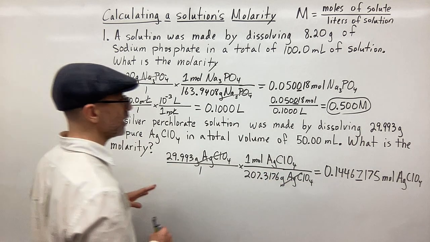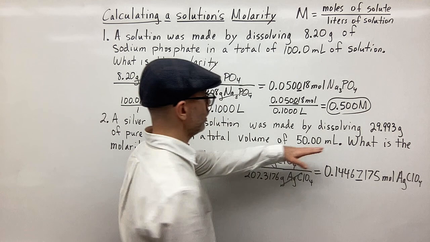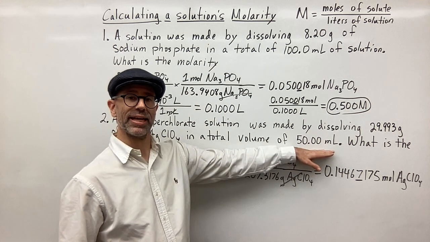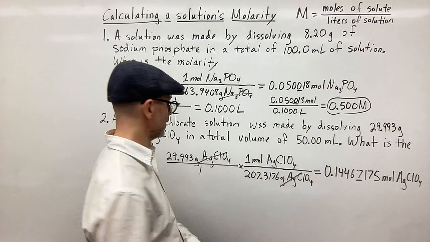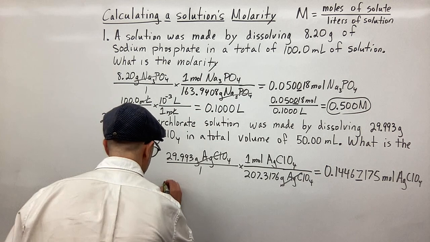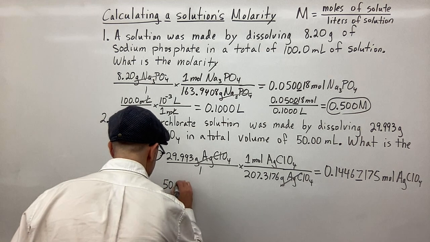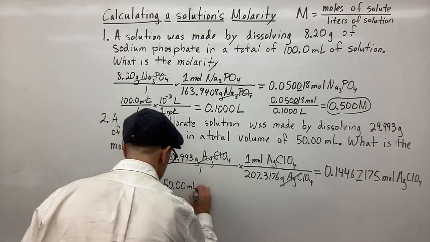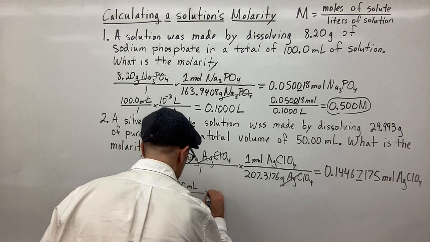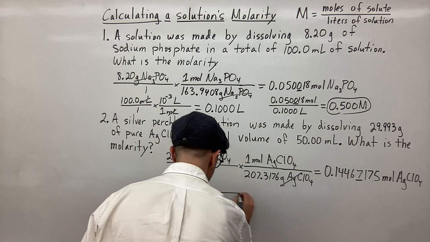Now, for the volume, we're given the volume of our solution in milliliters. We need to convert that to liters. So once again, we're going to have 50.00 milliliters. And we're going to multiply that by the conversion.